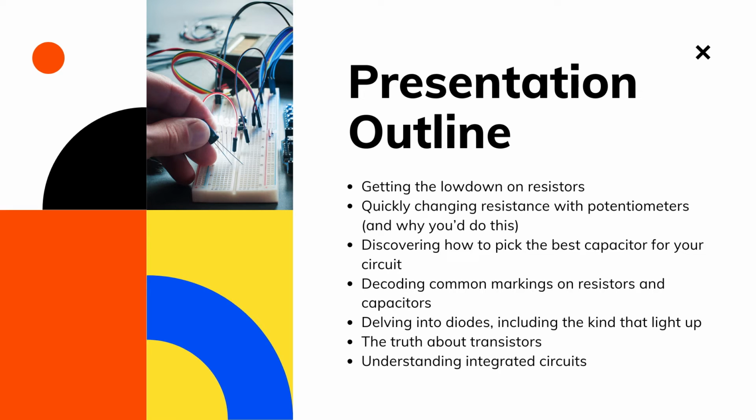Then we delve into diodes, including the kind that light up, and the truth about transistors. Lastly, we'll tackle understanding integrated circuits. These topics are quite interesting, if I may add. So, are you ready? Let's head on to the first topic.